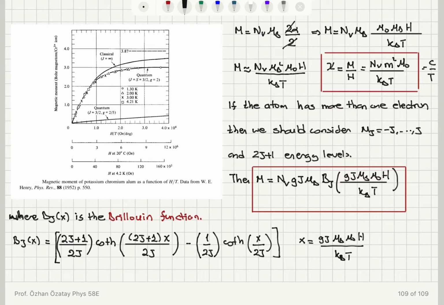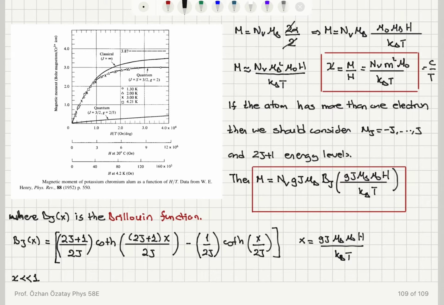Now if I look at what happens when x is small, which is the general case, so x is much less than 1, then I can use the expansion of the hyperbolic cotangent function that was shown in the Langevin theory.